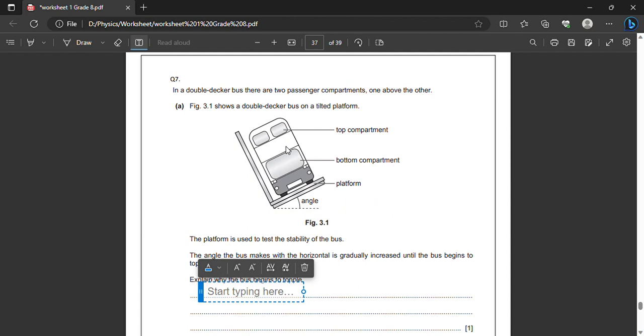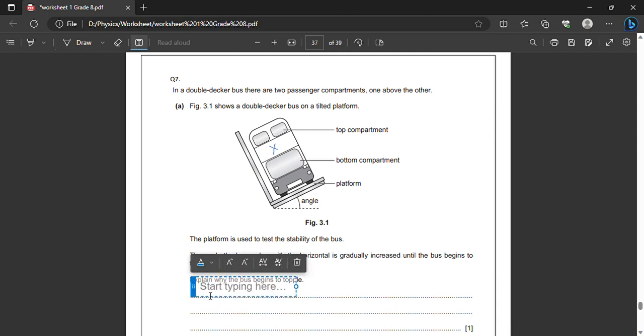Because the weight of the bus is big, the center of gravity will be probably around over here. This will be the center of gravity, so that acts over there. Because it is tilted to a particular angle, it will obviously topple because the center of gravity is not stable.